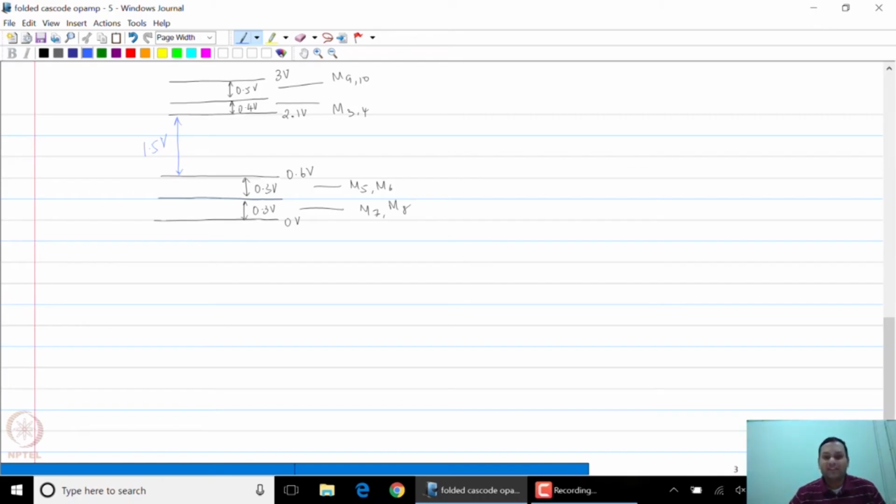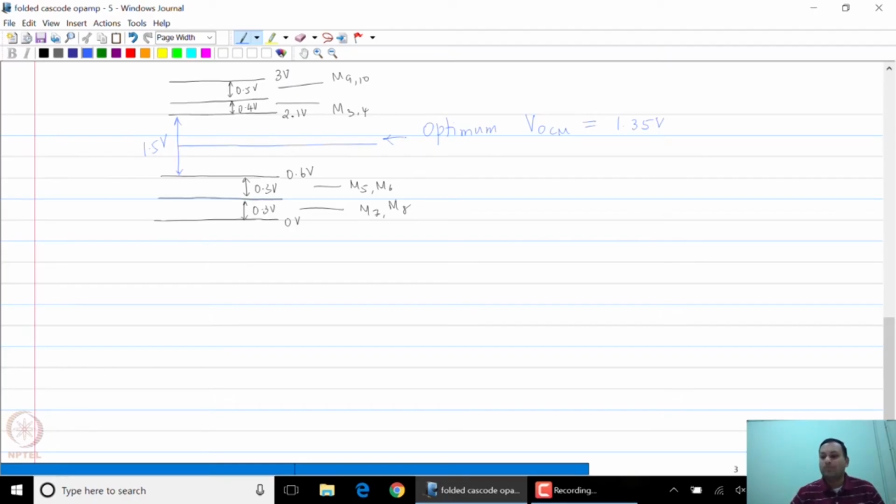Now that we have apportioned the overdrive voltages, we can also see that the ideal common mode voltage at the output should be somewhere exactly in between. So the optimum output common mode voltage should be exactly in between these two, which happens to be at 1.35 volts.